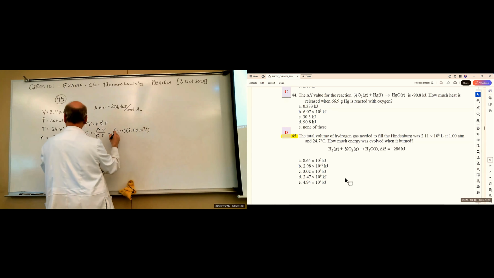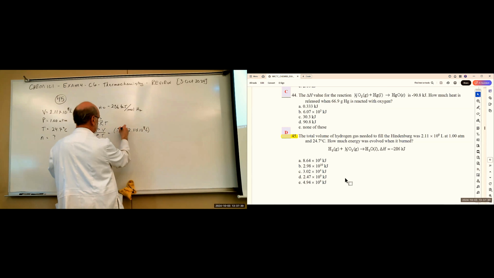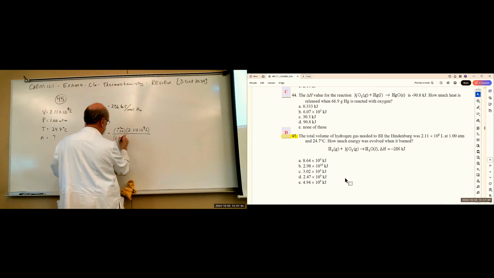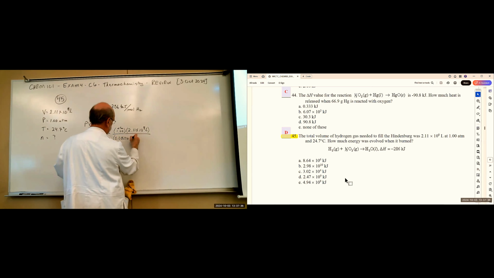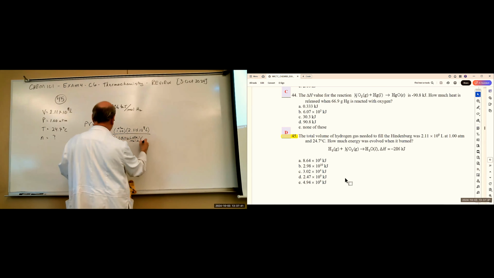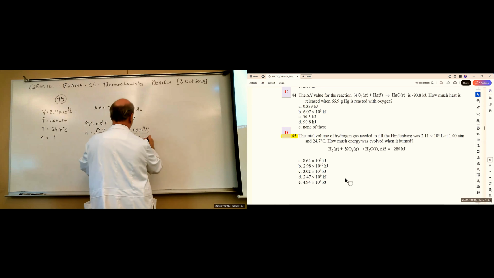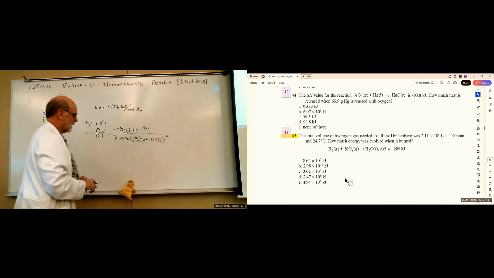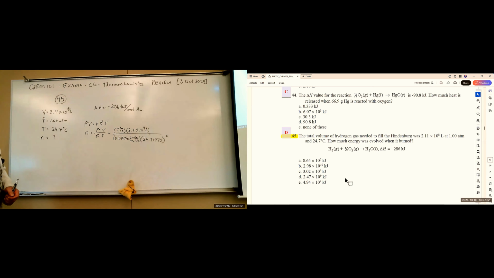Okay, our units are correct. This is atmospheres, that's liters. This is 0.08206 liter atmospheres per mole Kelvin. Okay, and then temperature is 24.7 plus 273. There we go. So that'll give us the number of moles.